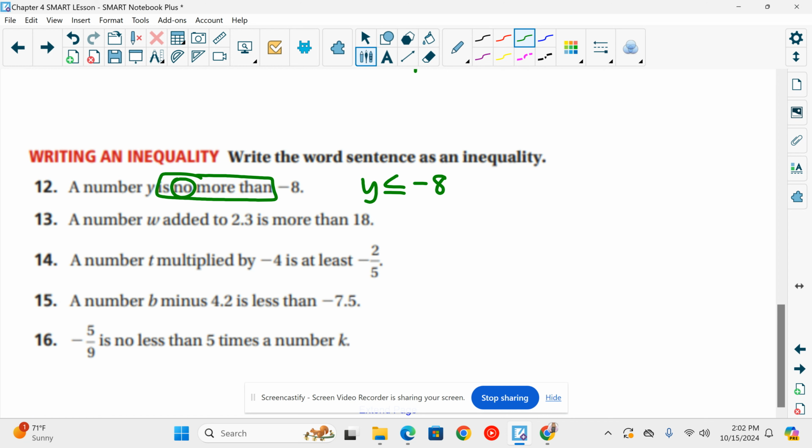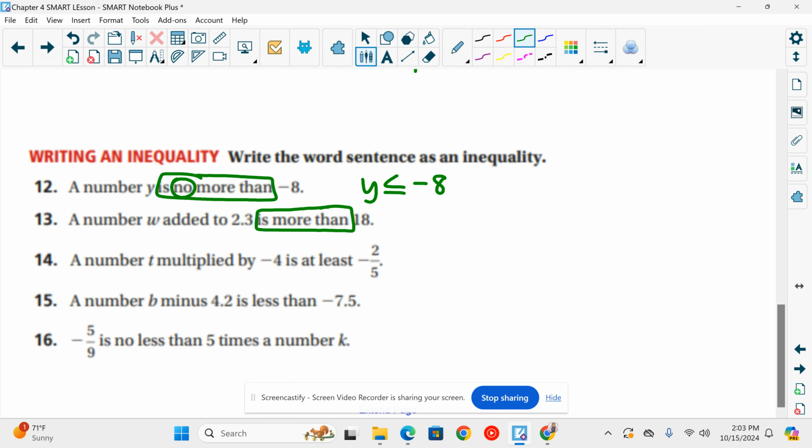Number 13, a number w added to 2 3/10 is more than 18. What's your keywords for your symbol? Is more than. Is more than. I'm going to check my chart up top. What does that go with?